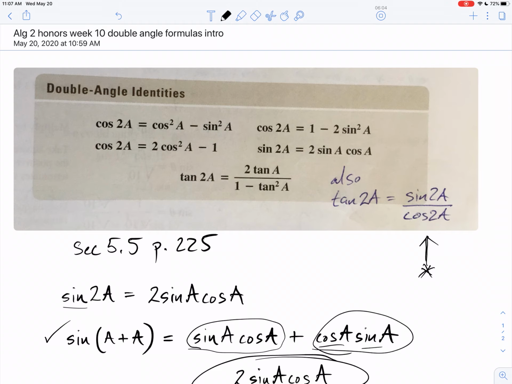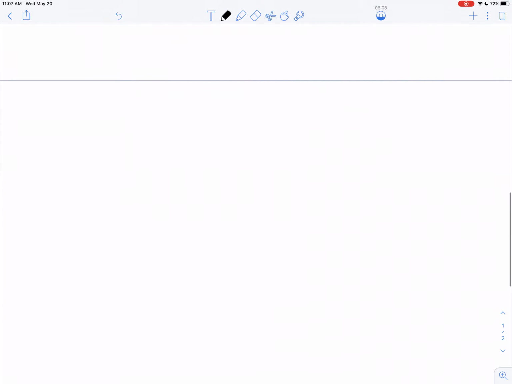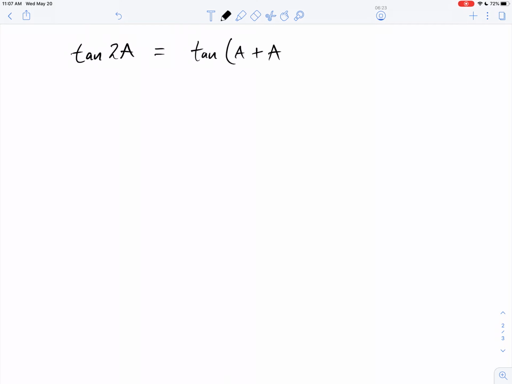So let's see here what this tangent double angle thing is all about. Because a tangent 2A just means I'm going to say that's the tangent of A plus another A. What does it equal?